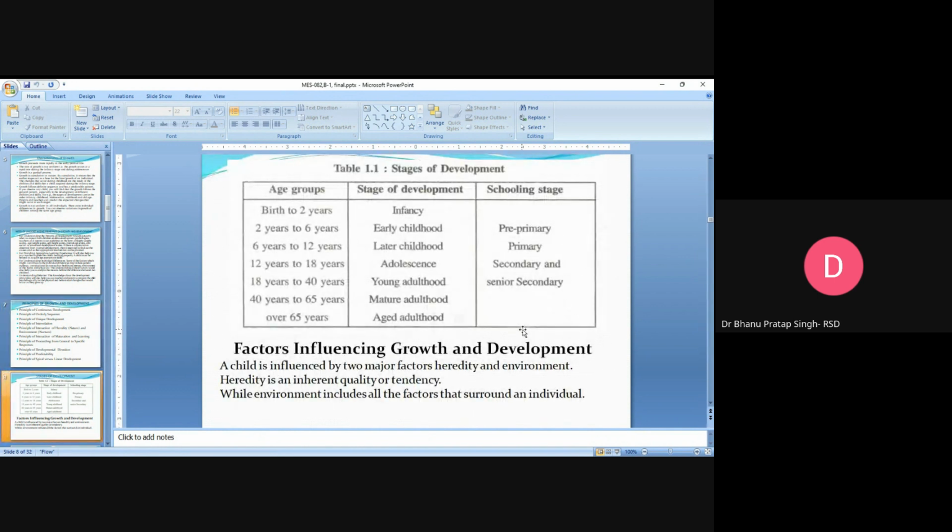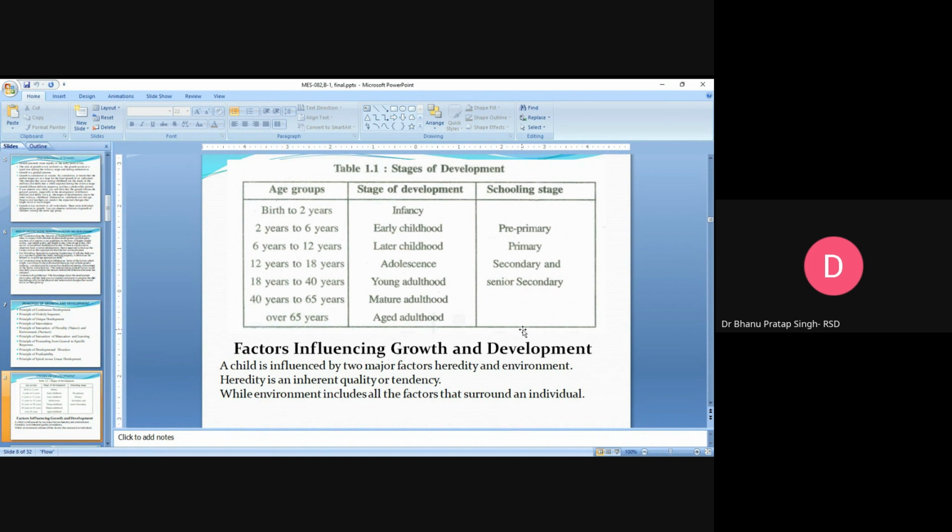So this is a very important table to understand the stages of development. See, as per the age, the age of development and schooling stage. Birth to 2 years is called infancy, and 2 years to 6 years is called early childhood, and the schooling is preschooling. 6 years to 12 years is later childhood, which comes under primary school. 12 years to 18 years is called adolescence, and for that the school is secondary.